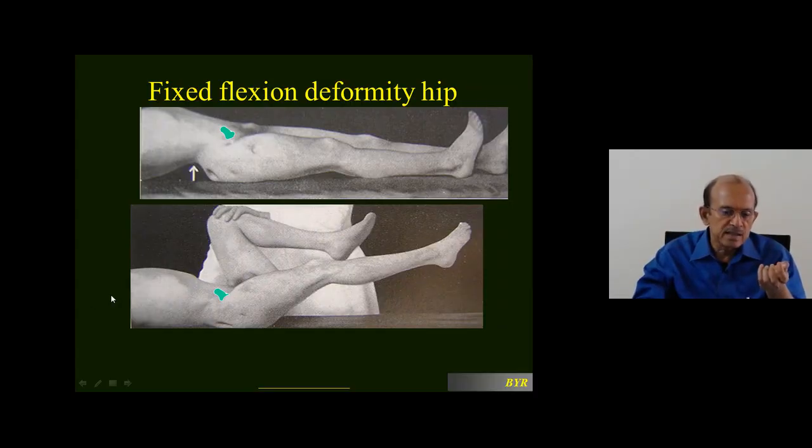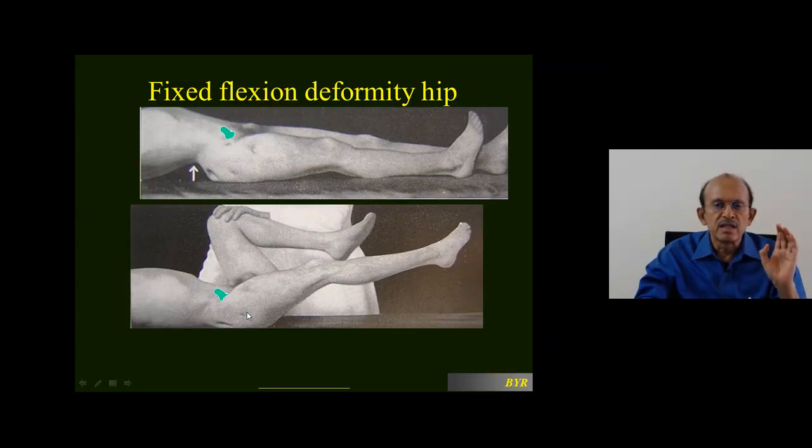You push it like this. When you push this down, the curvature becomes flat and straight. Once the spine is straight, the limb automatically rises to the position in which it should be. So this is called the Thomas fixed flexion deformity test.